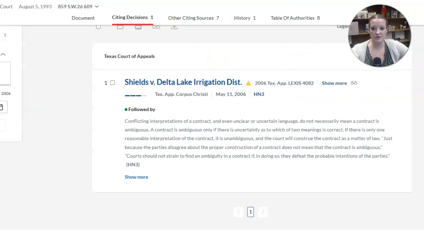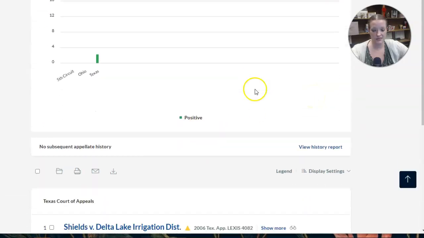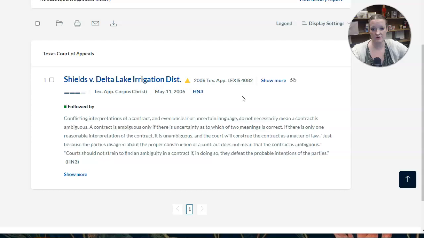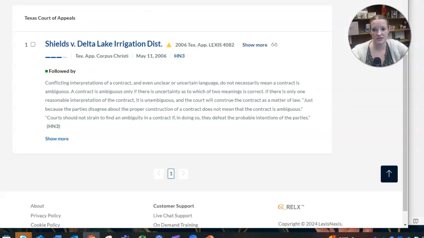And then we clicked on our positive treatment, right? And we see a case that's listed, Shields v. Delta Lake Irrigation, and that has been specified. It's positively treating our case, right? It followed our case, Kurtz v. Jackson, right? So it says what case followed ours, Shields v. Delta Lake Irrigation, right?